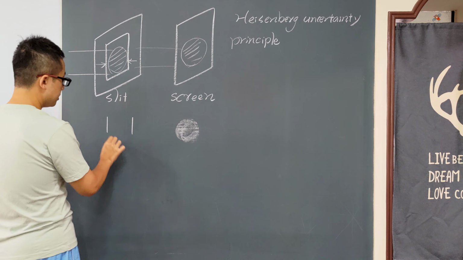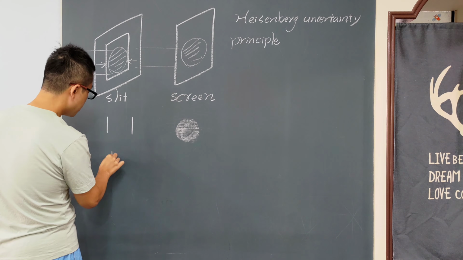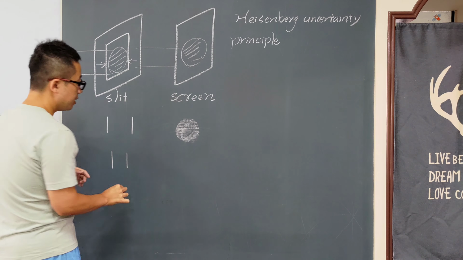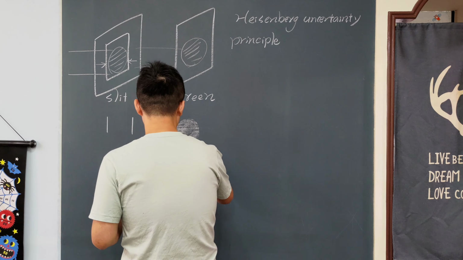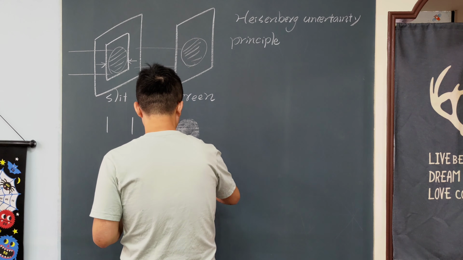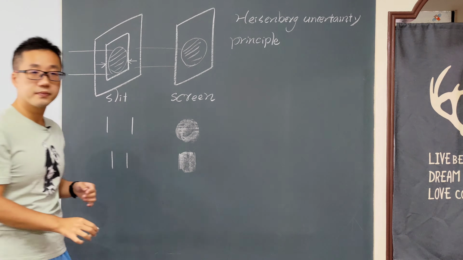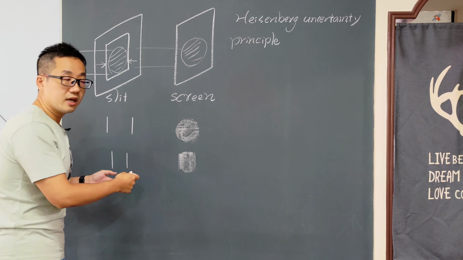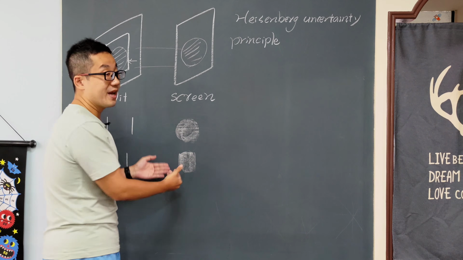But when you shorten the slit, the width of the slit is going to be even narrower, and you start to cut the edge of the pattern, right? You start to cut the edge of the pattern like this. And if you keep decreasing it, as you expect, I will see an even narrower pattern.